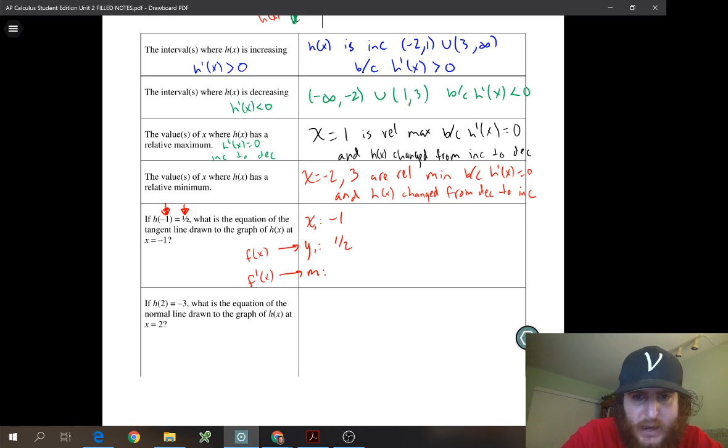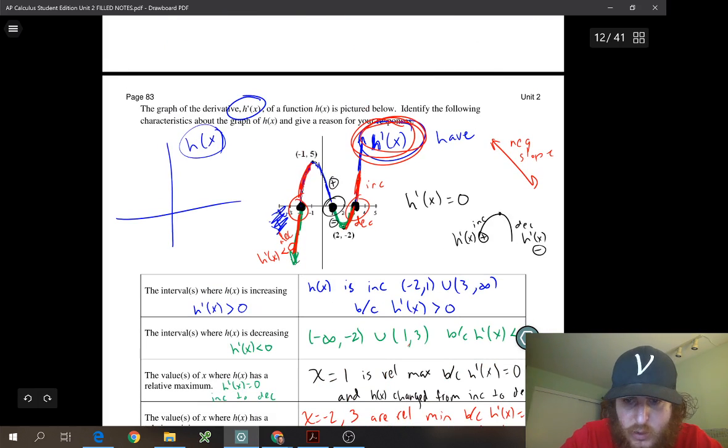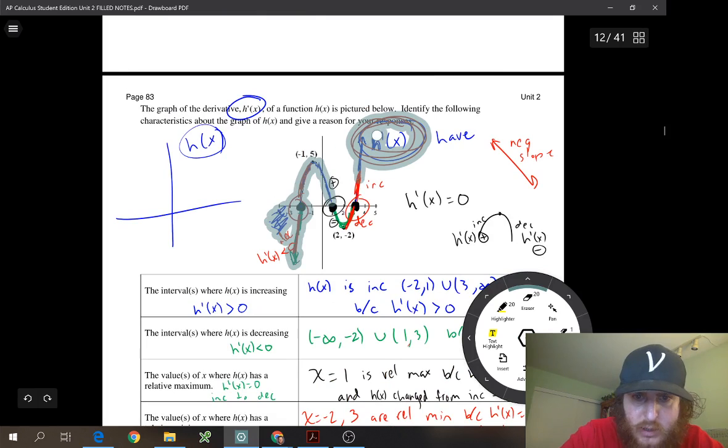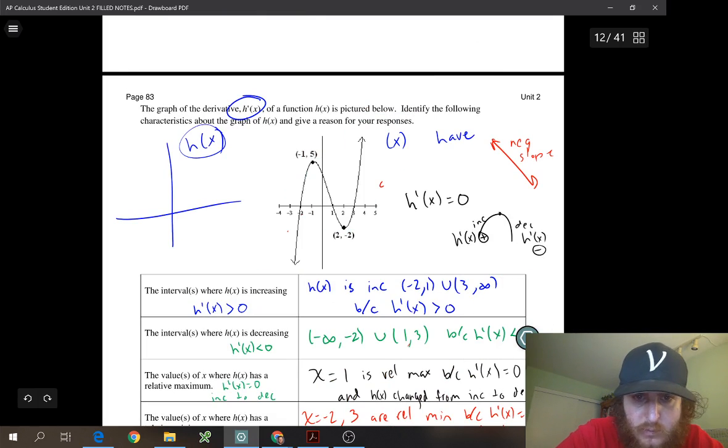So how would I find h prime of -1? How would we find that? Well, we would have to look on our graph. So on our graph, I'm going to go ahead and kind of clean this up a little bit. H prime of -1 is there. So this is not an x1 and a y1. Be careful.